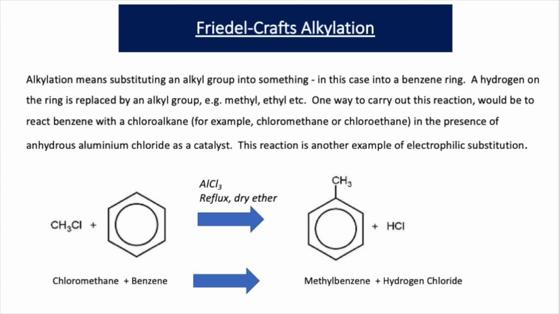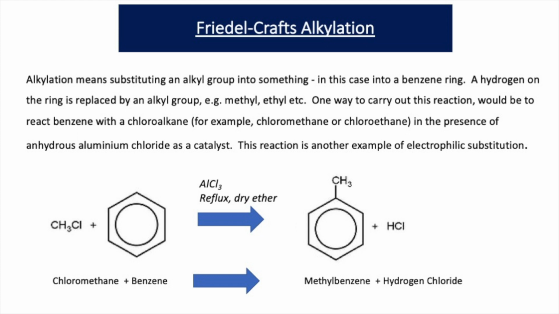Now it's important to mention that this reaction works with bromoalkanes as well as chloroalkanes, and if I was going to carry out the experiment with a bromoalkane, I would probably use FeBr3 as my Friedel-Crafts catalyst in this case.